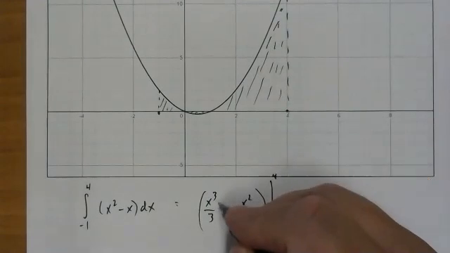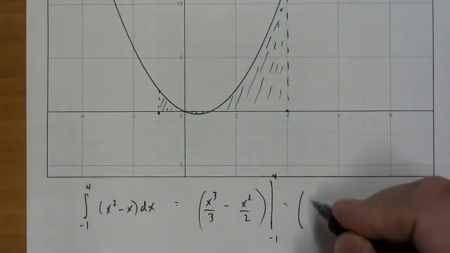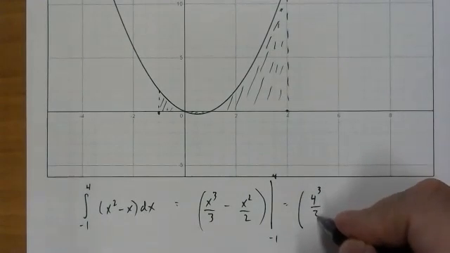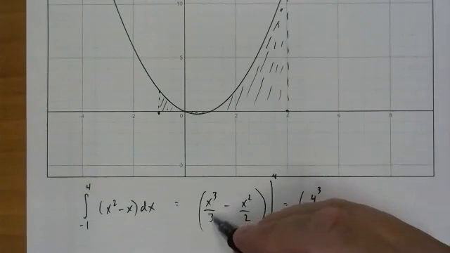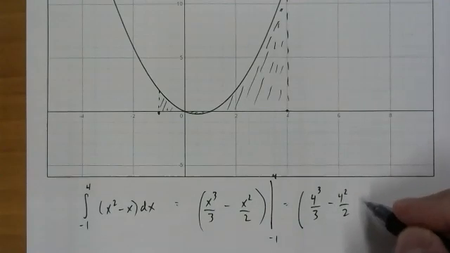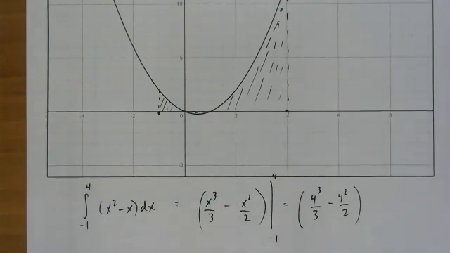So I'm going to plug in 4 for x. And a lot of times I put all this stuff in parentheses because it can get messy pretty quick. So 4 cubed over 3 minus 4 squared over 2. So that's when I plug in 4 for x. Now I've got to subtract.